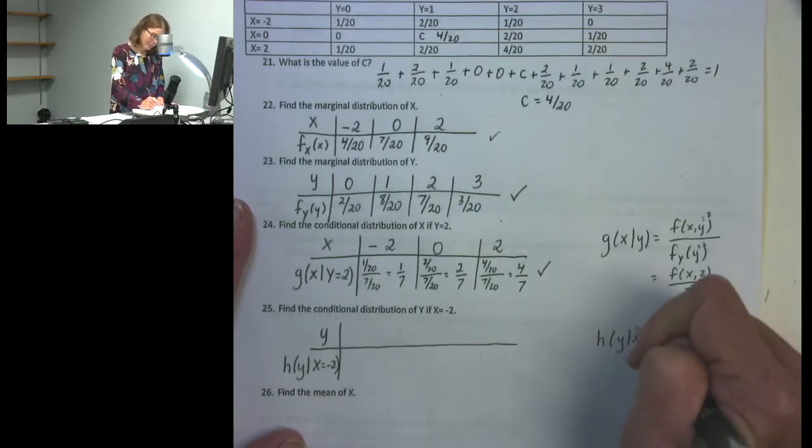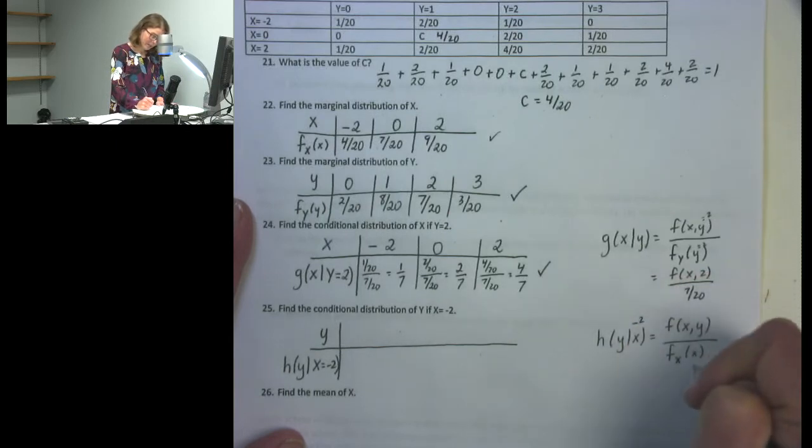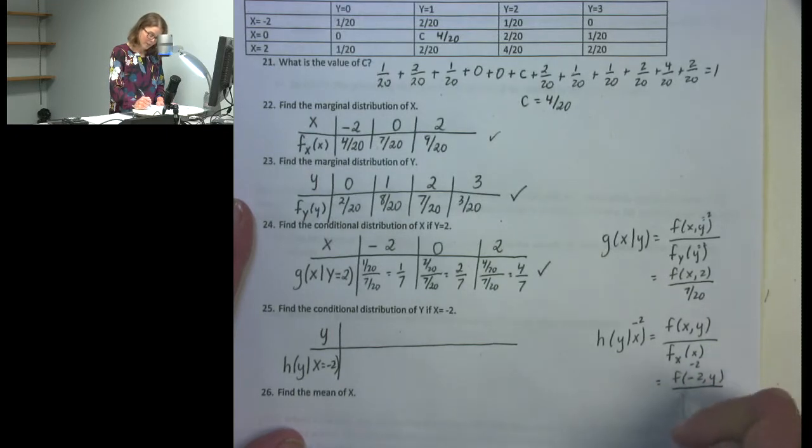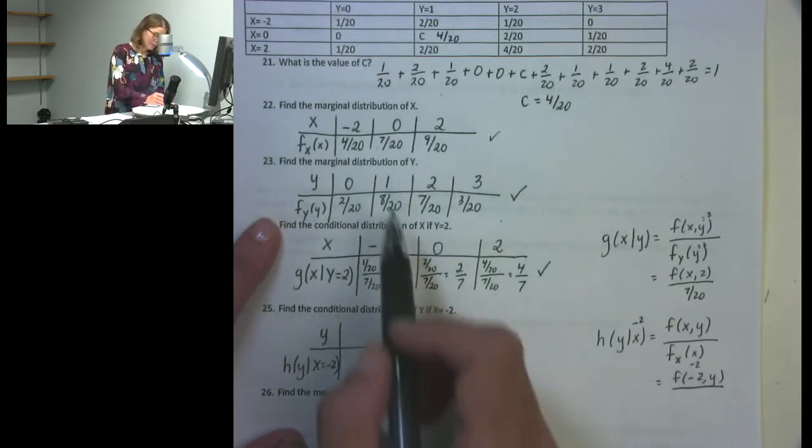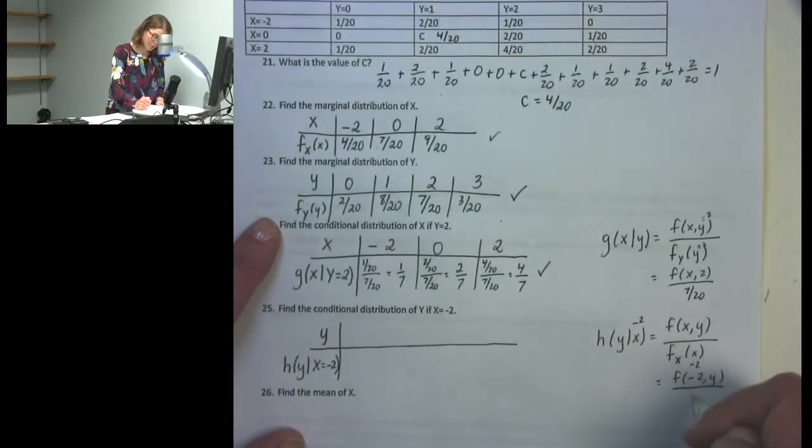In this case, because I'm using -2 in place of x, this is going to be the joint probability that x is equal to -2 and Y is equal to y, divided by the marginal probability that x is equal to -2, which we saw was 4/20.